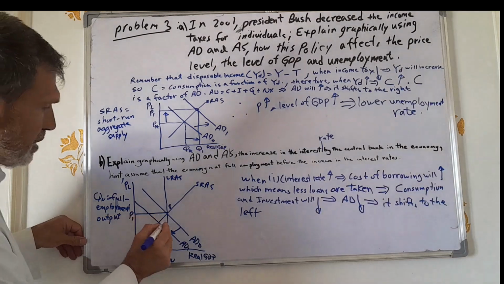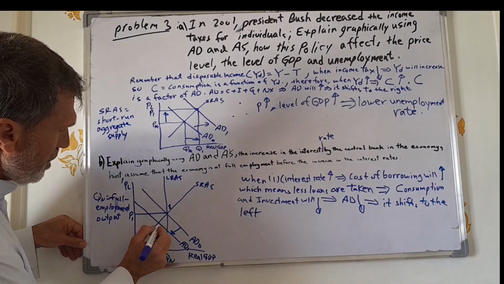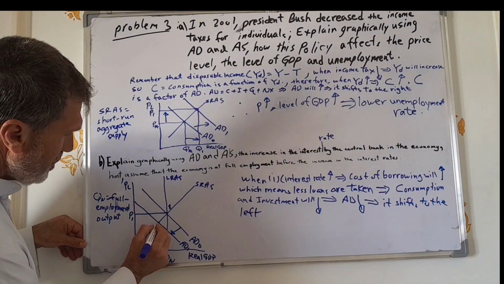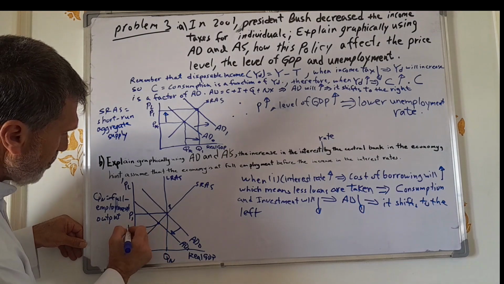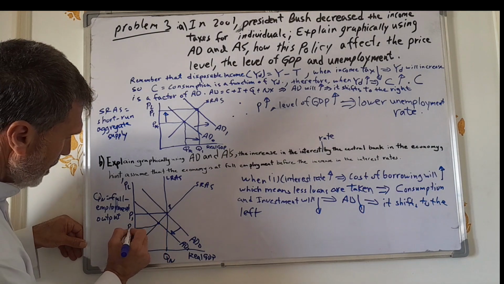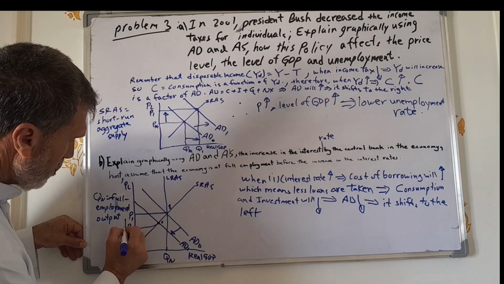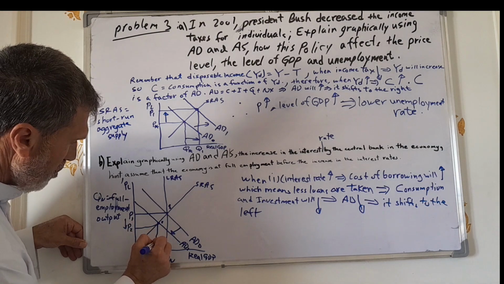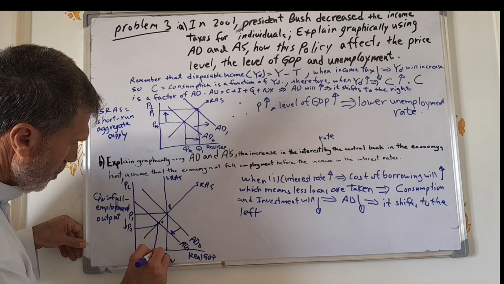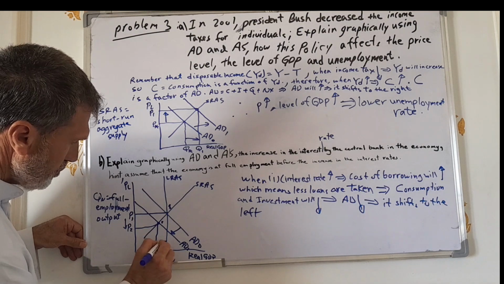It intersects the short-term aggregate supply here. What happens here? As you see, the price, price 2, will go down and the quantity will go down to Q2.